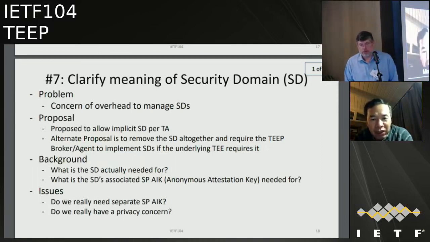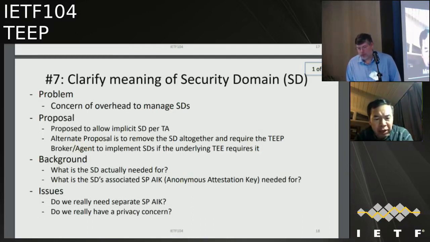There was also a motion to completely eliminate the security domain itself in TEEP. It's up to the TEE to decide whether they have that layer, but TEEP only deals with trusted applications, only TAs.